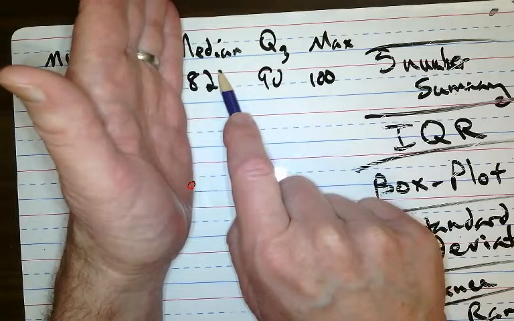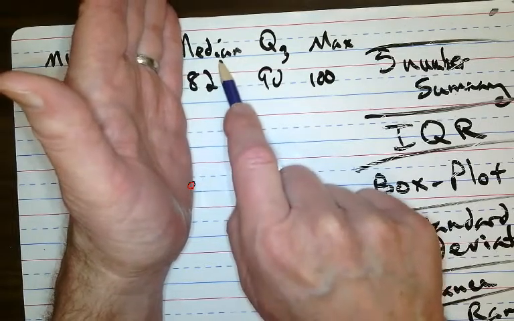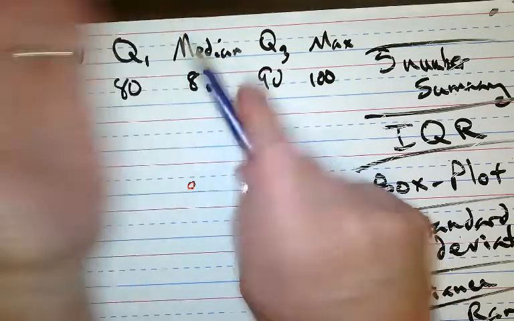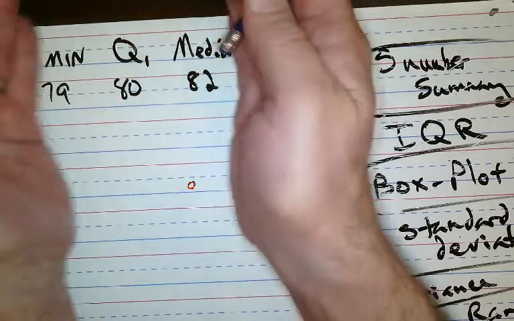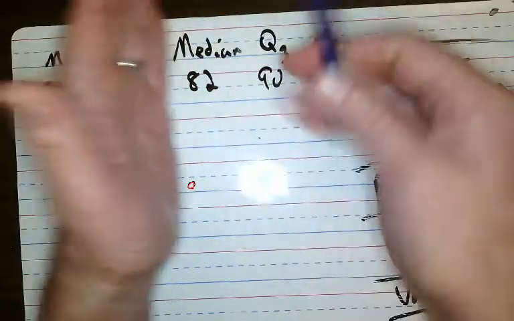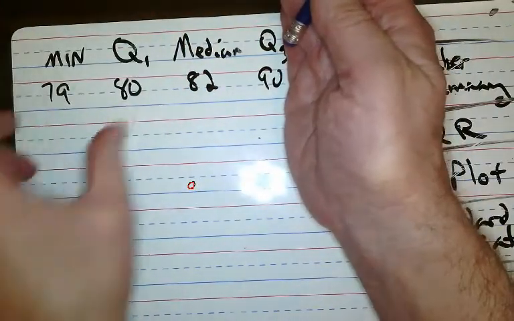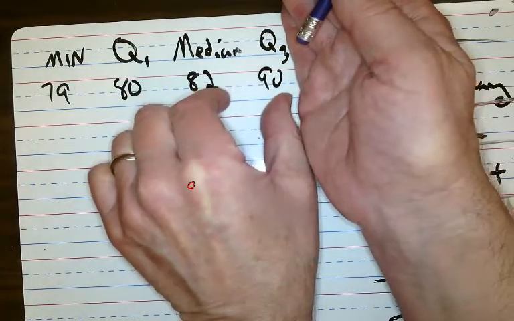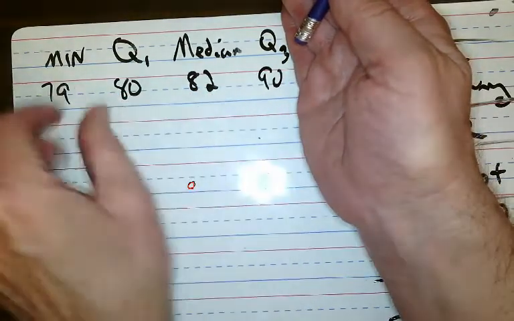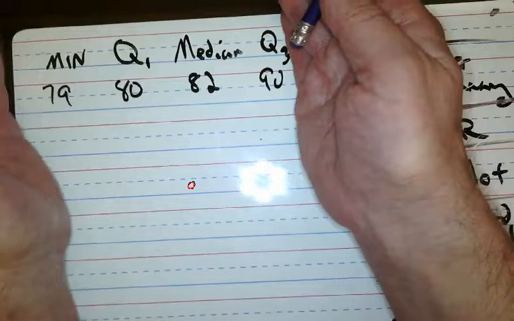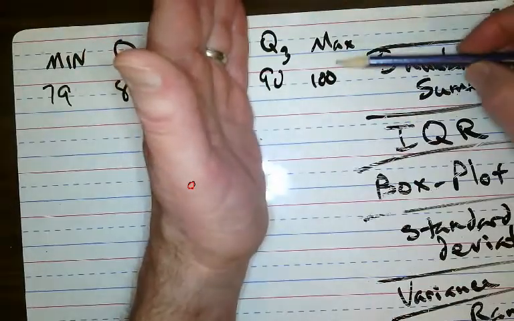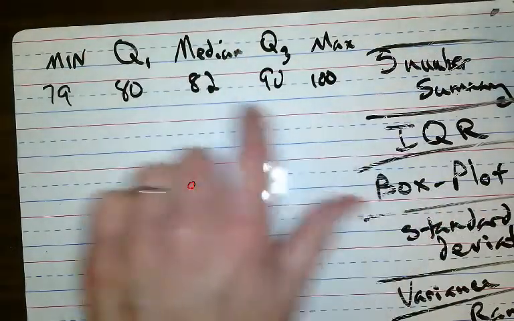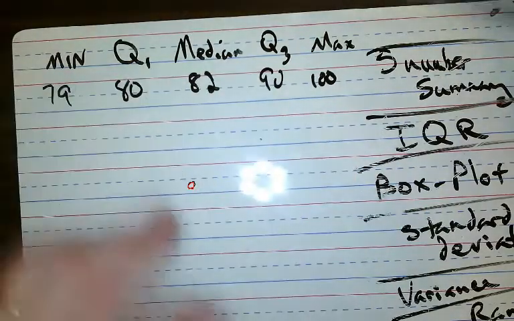Second quarter, that would be the middle, that would be 2 quarters, 1 plus that, that's a half, right? And then the third quarter is 3 quarters. This is 1/4 of your data, that's 1/4 of your data, that's 1/4 of your data in between these numbers. So that makes 3/4 of your data right there, which of course means 1/4 is left on top, and that's the max. So each one of these means something.